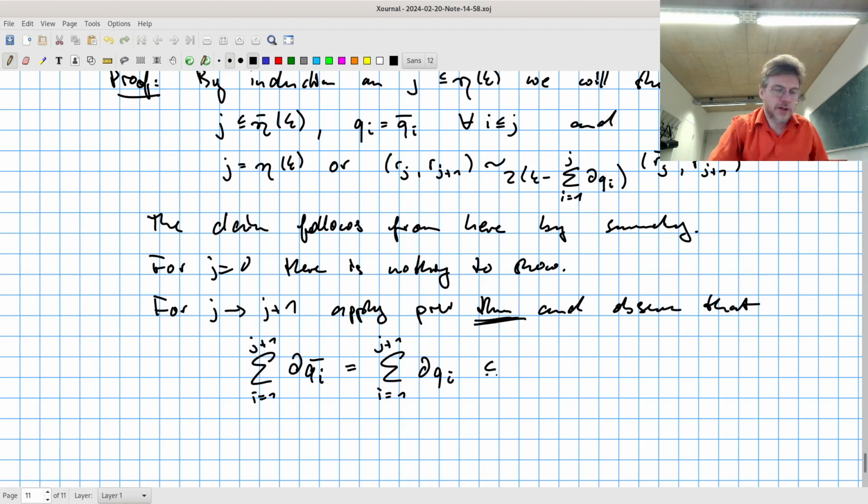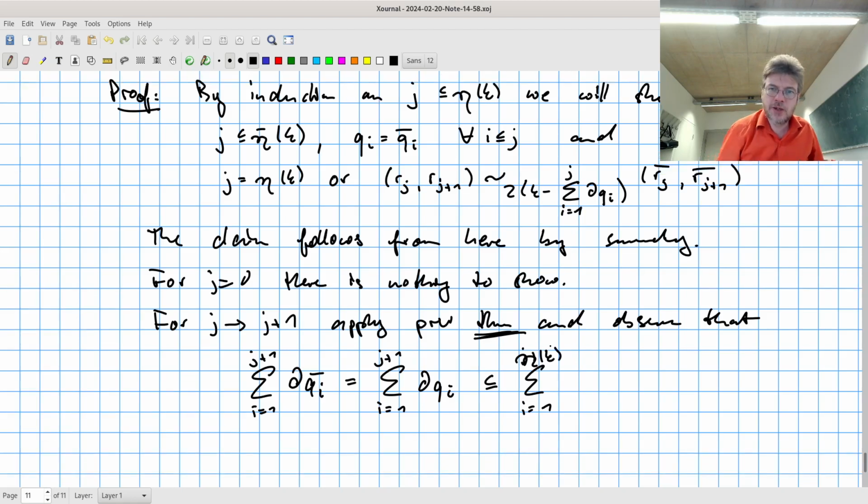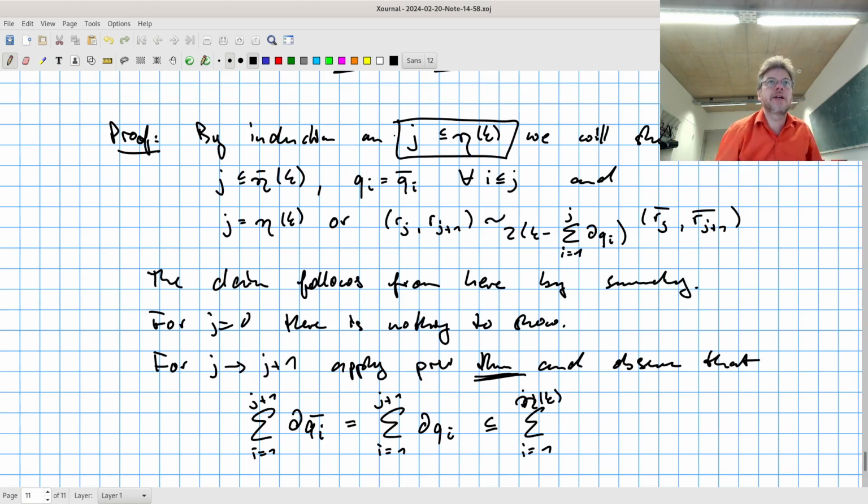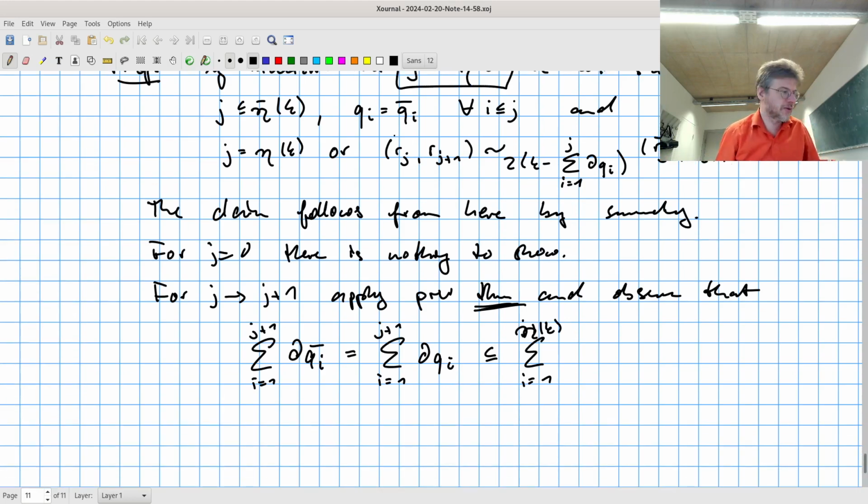Now this one is bounded by the sum i from 1 to j plus 1, eta of k, because I let the j only run until there, and afterwards I don't continue with the induction of the degree of qi.